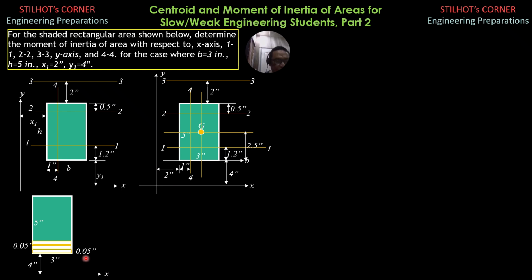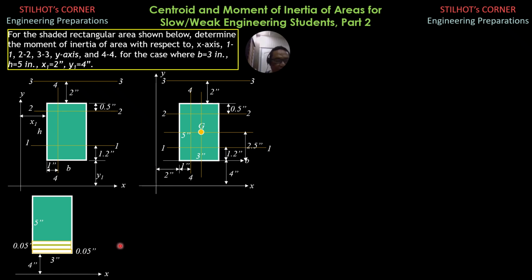So if I use 0.05, the original height of this rectangle is 5 inches. 5 divided by 0.05 is equal to 100. There will be 100 squeezed areas of common base 3 inches and thickness 0.05.